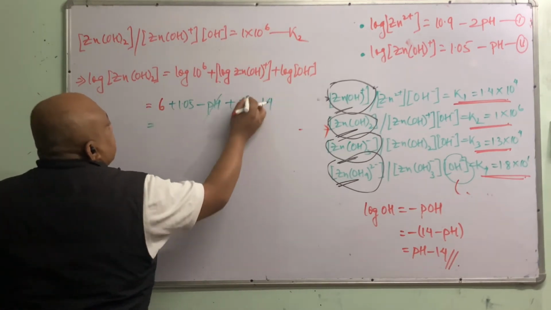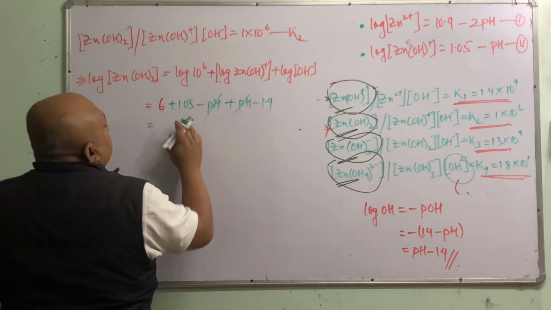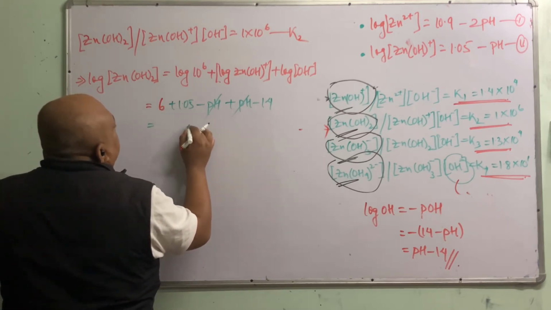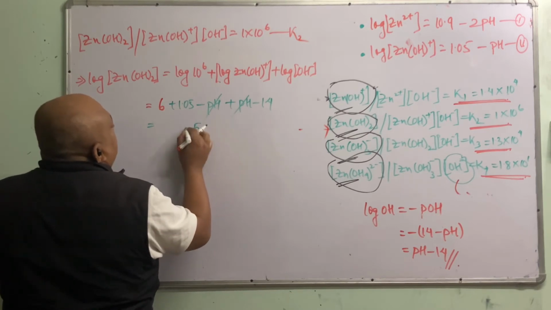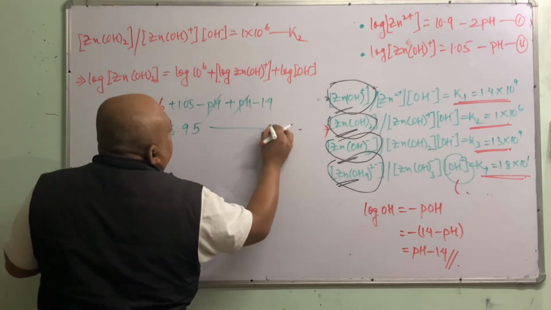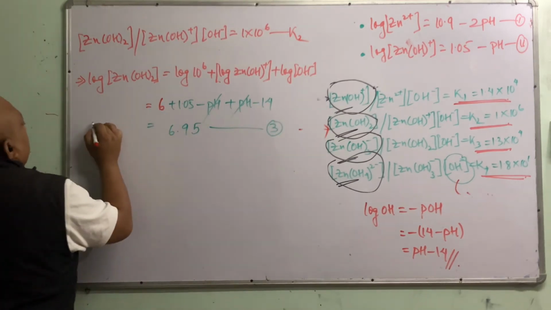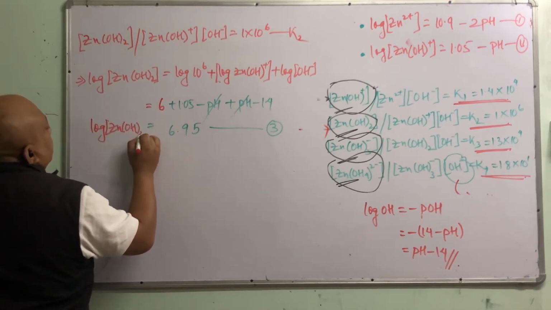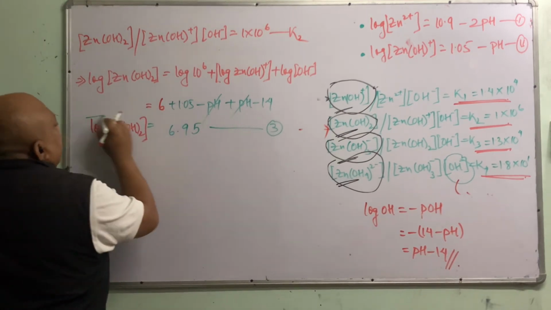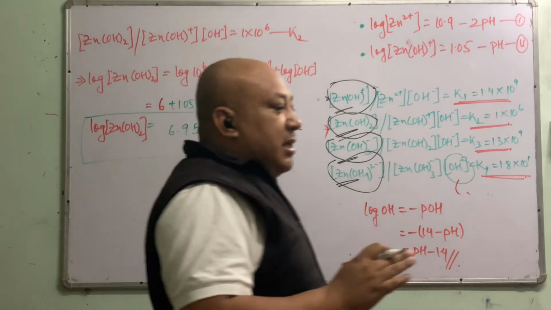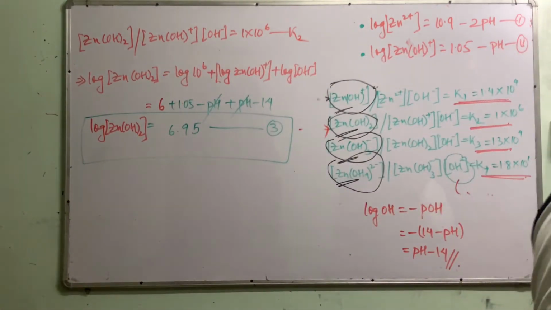So this pH and pH cancel. So 6 plus 1.05 minus 14 is minus 6.95. So there is log of ZnOH2 equal to minus 6.95. This equation symbolizes the concentration of ZnOH2.